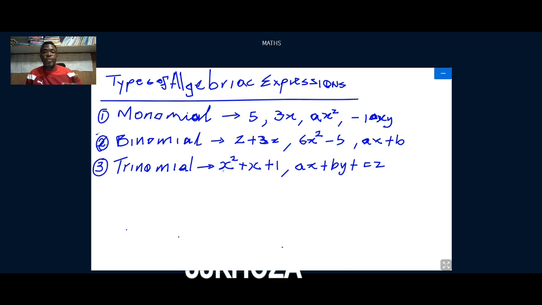We are going to do different types, expressions where there is multiplication, where there is a distributive property, where there is a need for factorization of algebraic expressions.